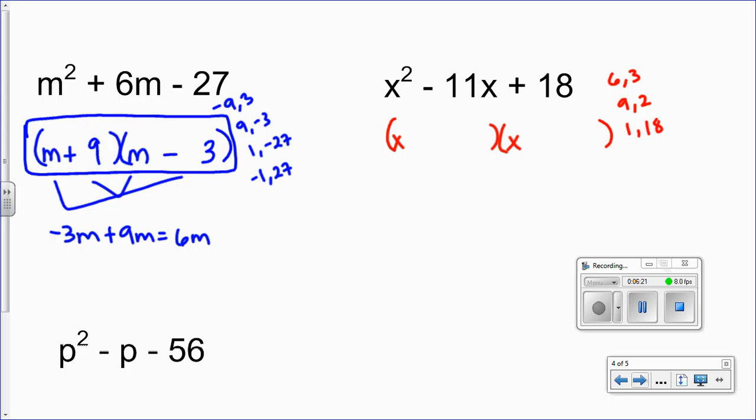All right, well I want 11, so it's probably going to be 9 and 2. But if I do positive 9 and positive 2, that's going to give me positive 11. So I need to do negative 9 and negative 2. If I do negative 9 times negative 2, that still gives me positive 18, what I want. If I do x times negative 2 and negative 9 times x and combine those, I get negative 11x.